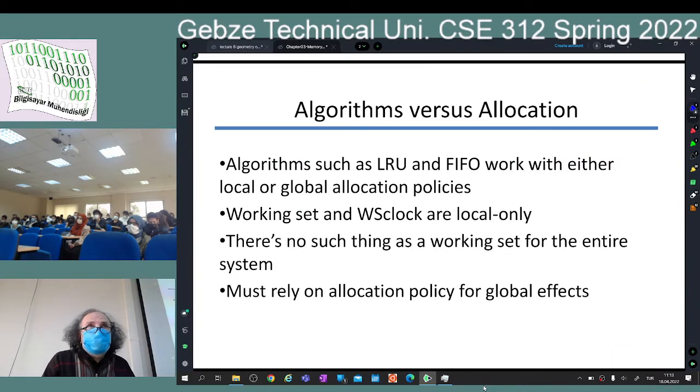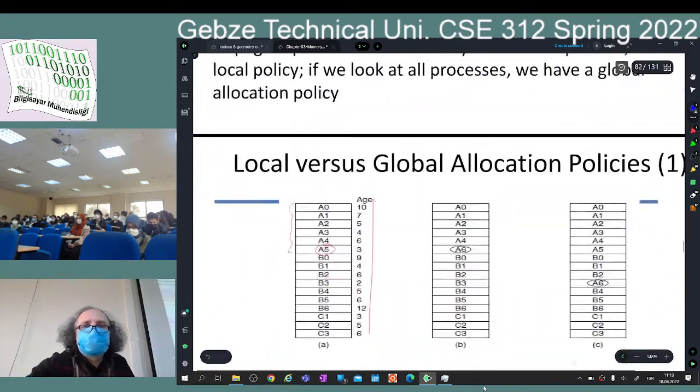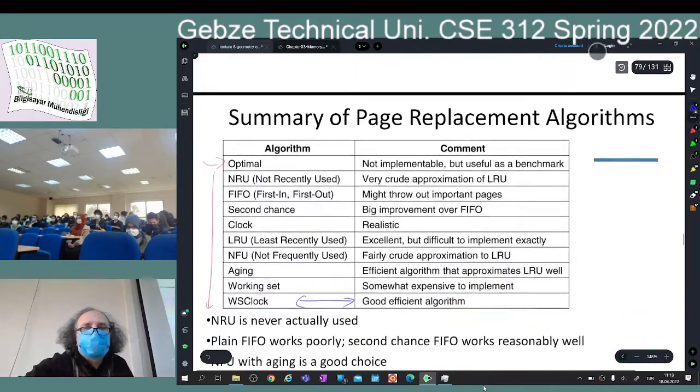Okay, let's look at, remember our algorithms, the FIFO algorithm, second chance algorithm, LRU algorithm, working set algorithm. Let's see how we can analyze these algorithms in terms of their allocation policies, global allocation or local allocation. So I am going to check each one by one.